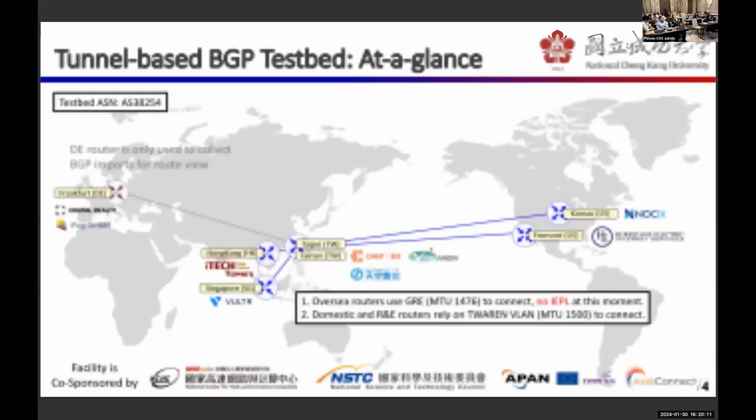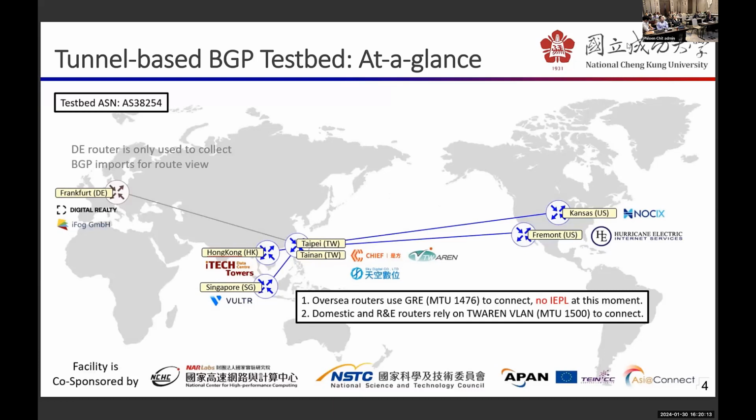So that brings us to our tunnel-based BGP testbed. On the map, you can find that we have successfully connected to Southeast Asia, America, and Europe. The first thing is our overseas routes all use tunnels, because at the moment we have no money to buy private lines.